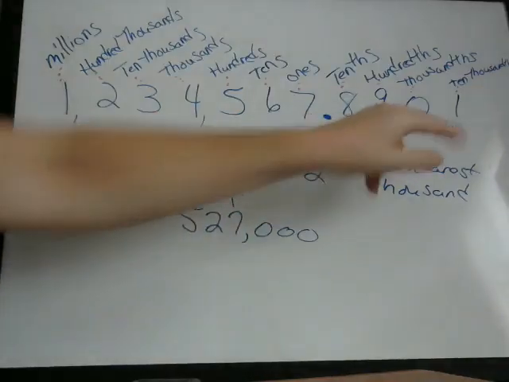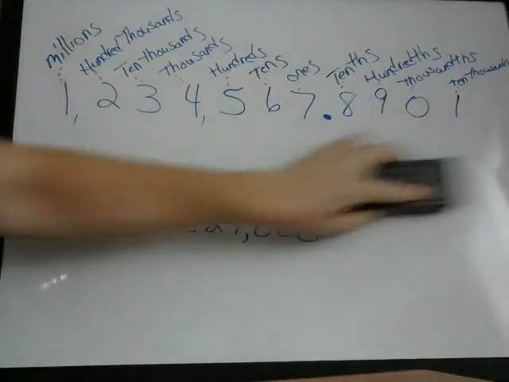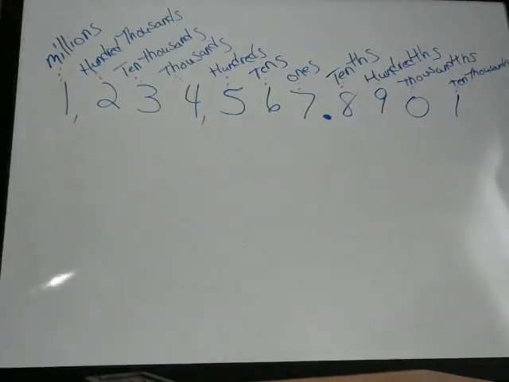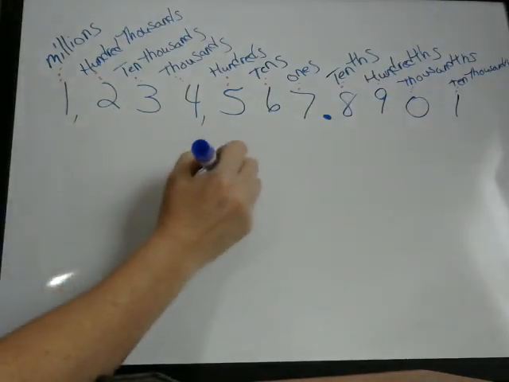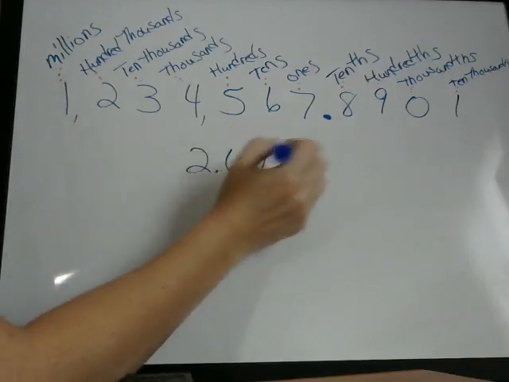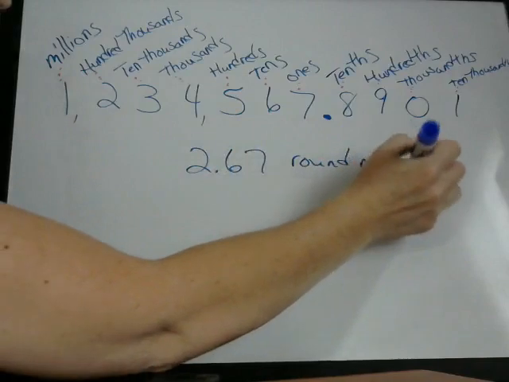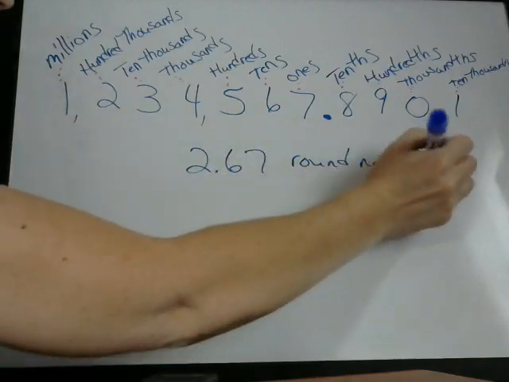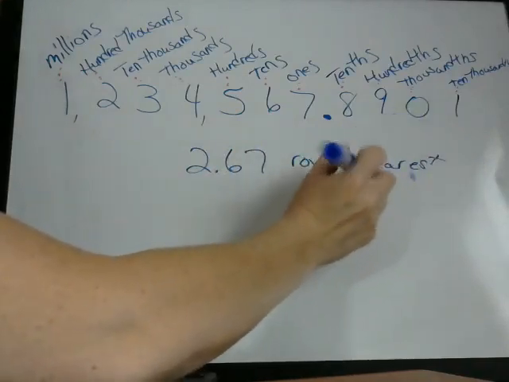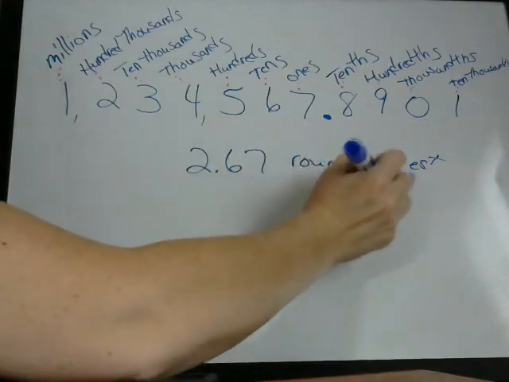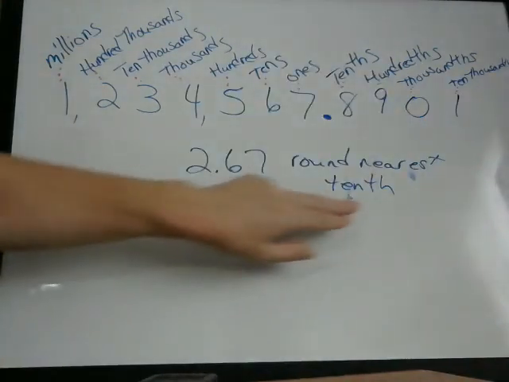So now it's the same thing when we get on the other side of the decimal. So let's say we had 2.67, and you're going to round to the nearest tenth. Okay?